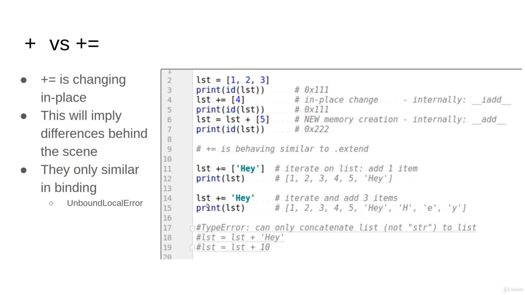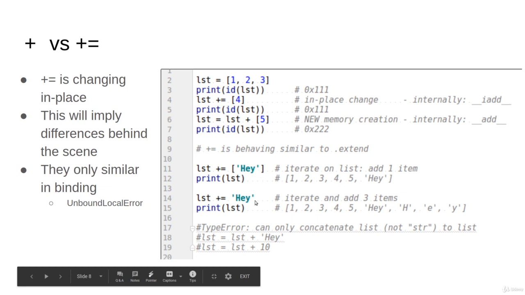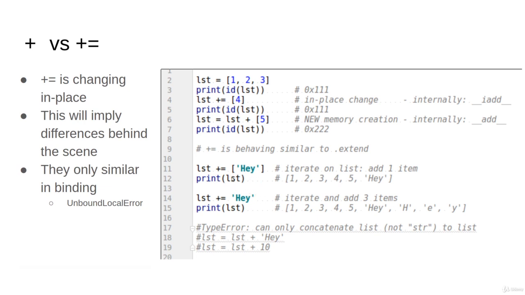If you wrote list plus equal hey with that, again plus equal is like extend. It needs something that is iterable. Is hey iterable? The answer is yes. Hey is a string of 3 items. The list now will have 3 strings of 3 different letters. So the big difference here is plus equal would like an iterable. This is an iterable of 1 item, this is an iterable of 3 items.